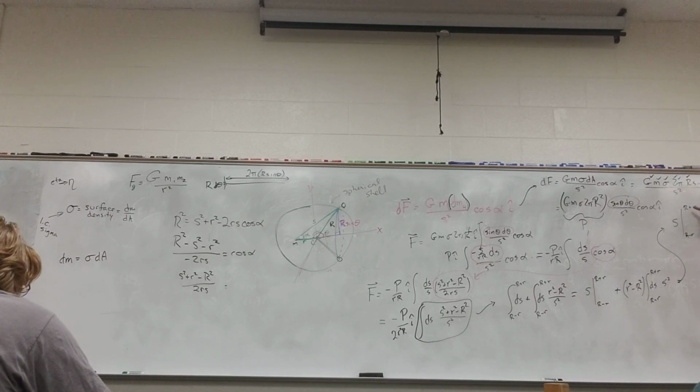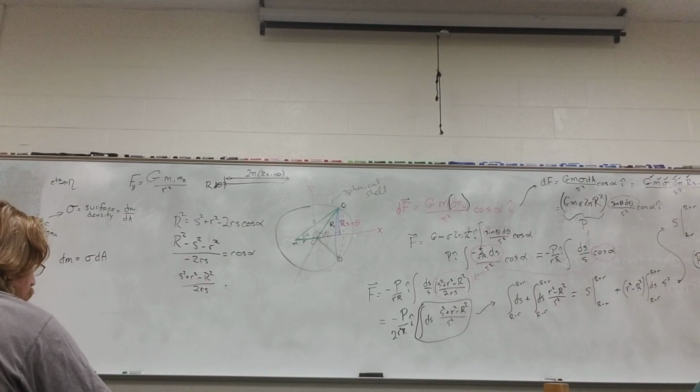So now let's plug in the top one. We get big R plus little r minus big R minus little r, plus little r squared minus big R squared times 1. I'm going to bring that negative out front, and then 1 over big R plus little r minus 1 over big R minus little r.